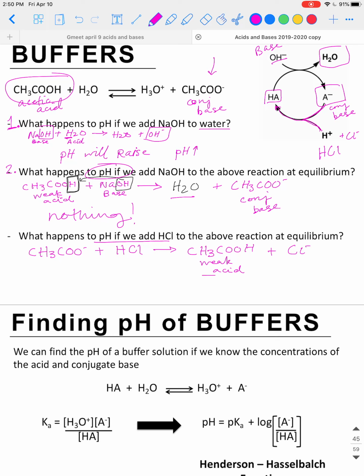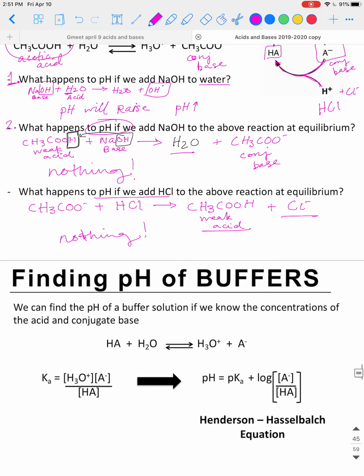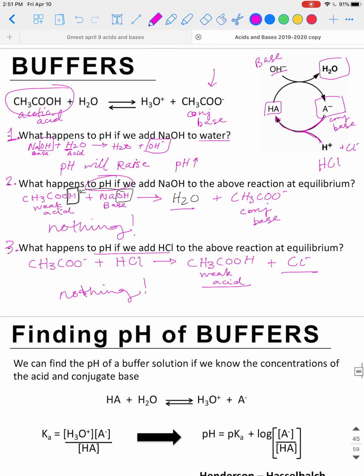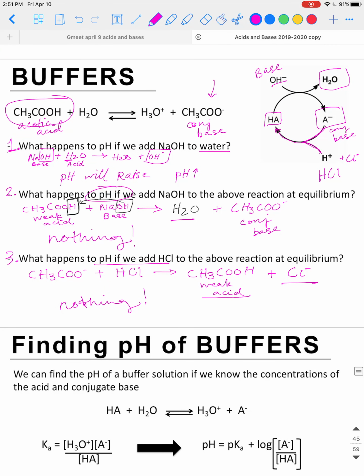And we'll have Cl minus left over. Okay, neither the weak acid nor Cl minus will affect pH, so again, nothing happens to pH here. All the acid is neutralized. And in question 2, this was question 3, in question 2, all the base was neutralized.